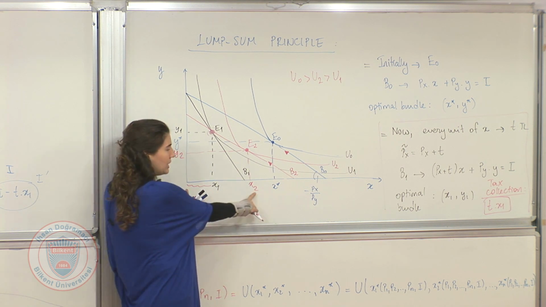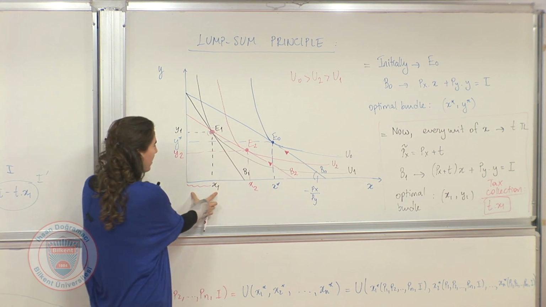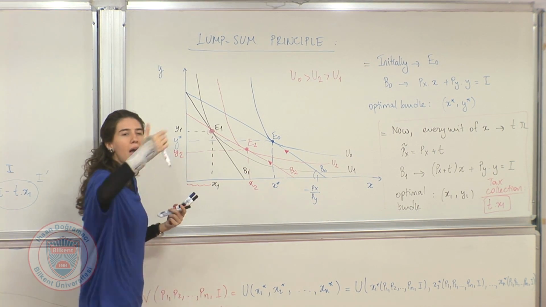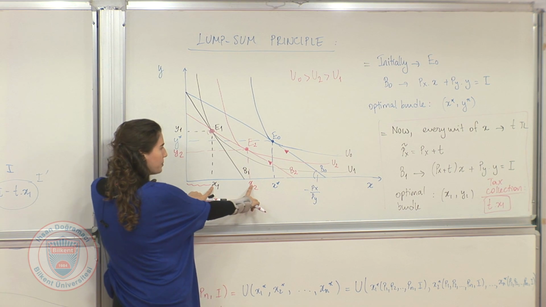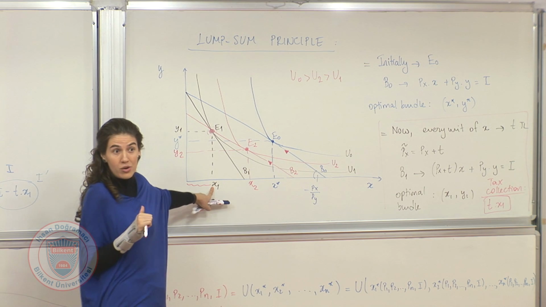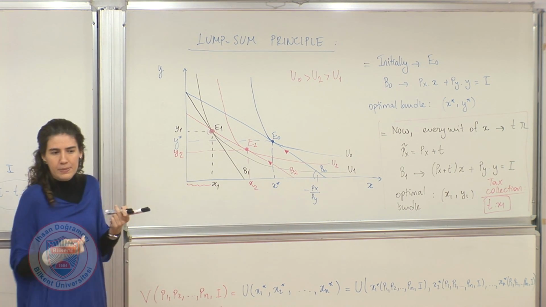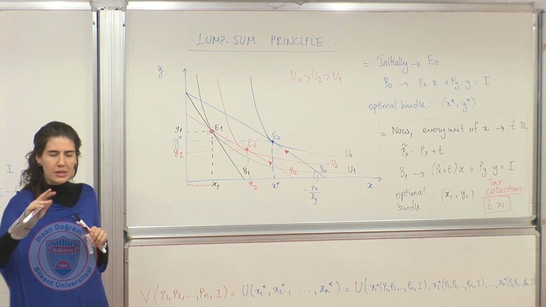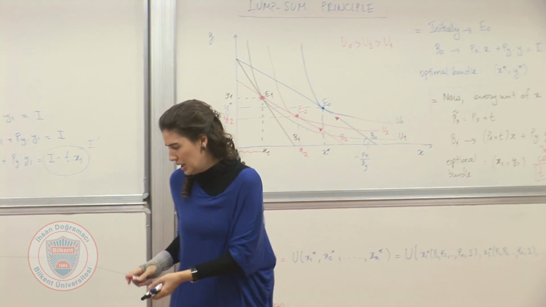When they tax your income, you kind of pay the tax by consuming X1 at this high price, up to this point, but you have the option of consuming more X at the lower price, right? If they tax your income. But if they tax the good, every unit of X is expensive, right? So think about it. We'll see it actually using the indirect utility functions, okay, in the next class.